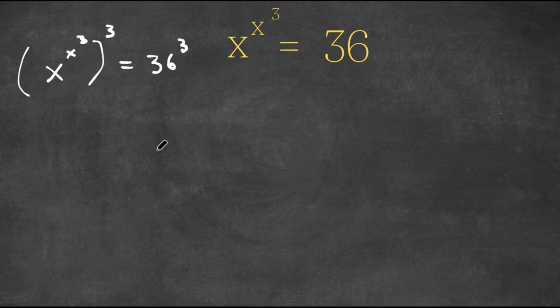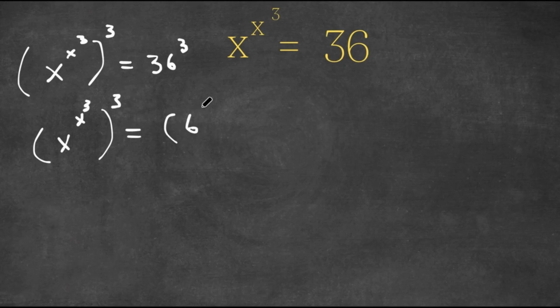Now 36, well, this is equal to 6 squared, right? So now we have (x to the power of (x to the power of 3)) to the power of 3 is equal to (6 squared) to the power of 3.